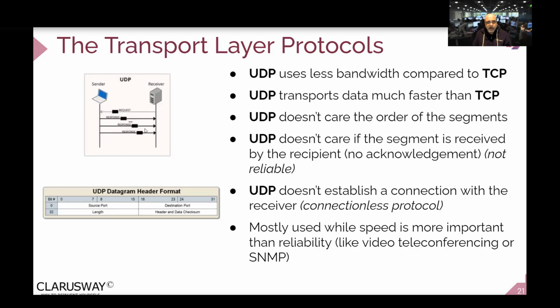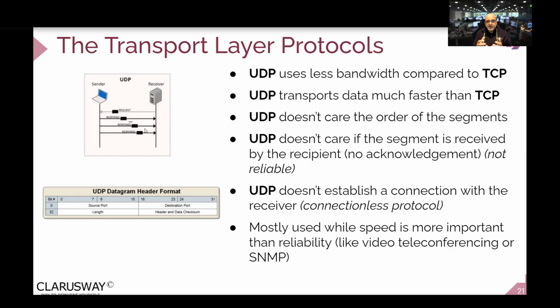Now, you guys have all heard about lag in gaming, right? Oh, my computer's lagging. Because UDP is not acknowledging, it's just boom, boom, boom, boom, boom, boom, firing packets.